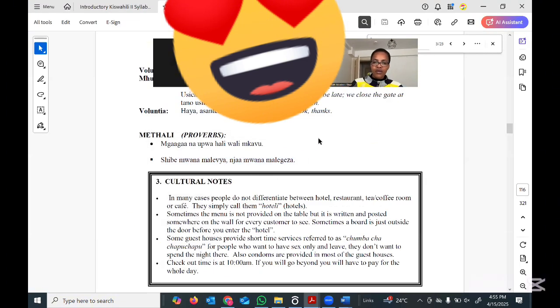Yeah. So literally, if you translate that whole proverb literally, what does it say exactly? Because I'm not sure. Yeah, I'm not sure either. Shibe mwana malevya, nja mwana malegeza. When you're satisfied, you're drunkard. You look drunkard, or you are drunkard. And when you're hungry, you are weak.